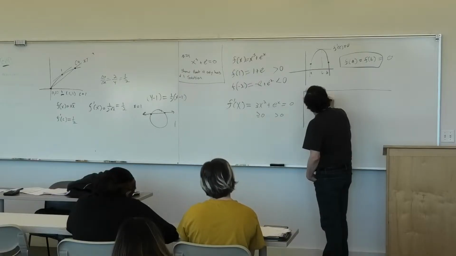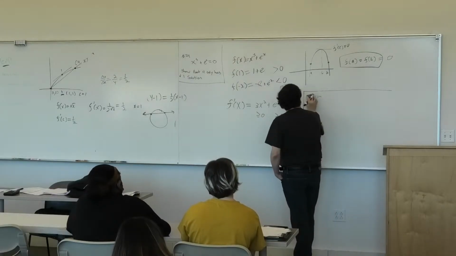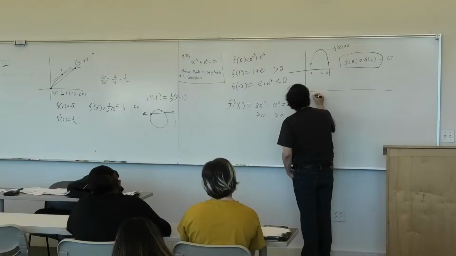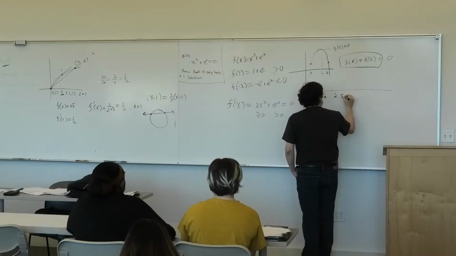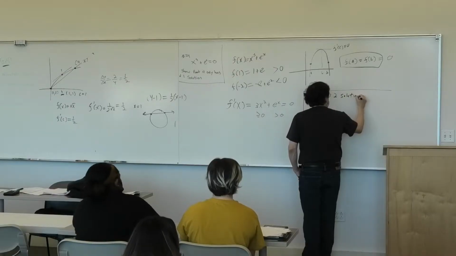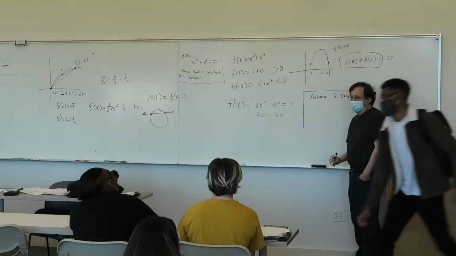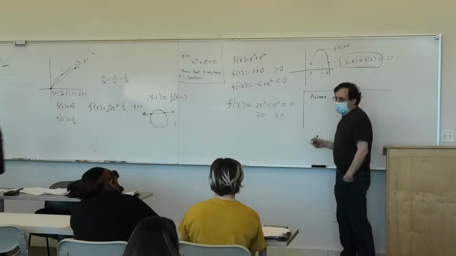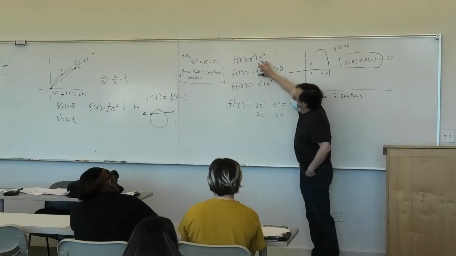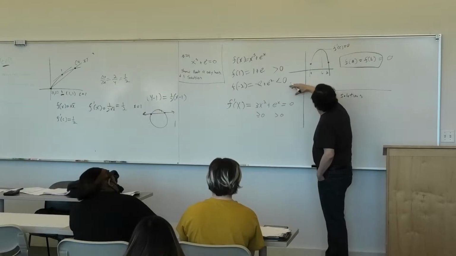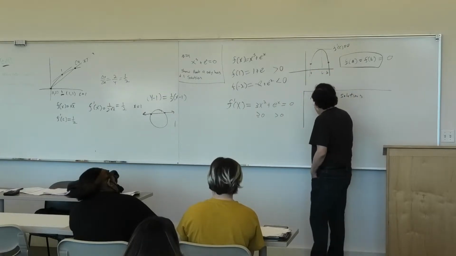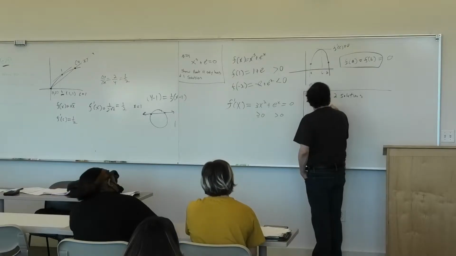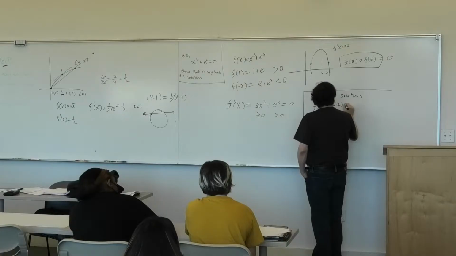Like the mean value theorem, assume two solutions. Assume this function has to go through the axis twice. So there have to be some A and B equal to 0.